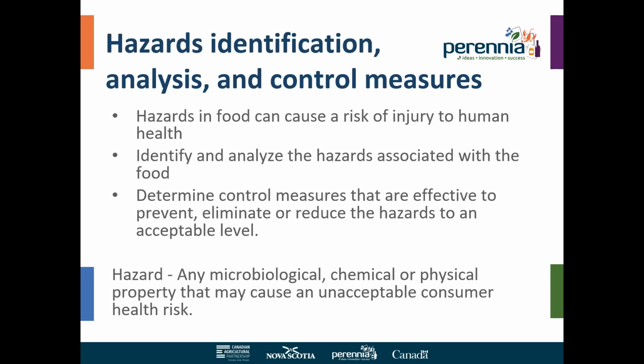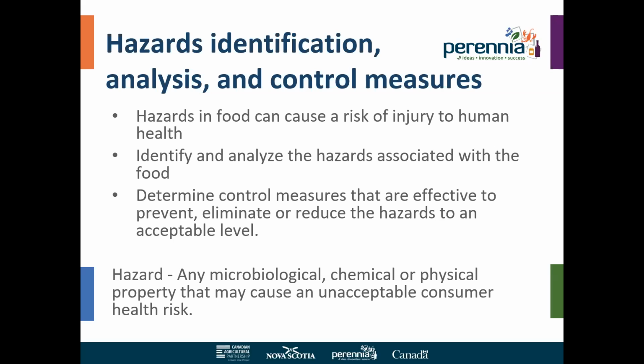So why do we need a preventive control plan? We need these to control hazards and mitigate risks. So when identifying hazards, you have the hazard identification, analysis, and then you have to come up with control measures. So the Safe Food for Canadians regulations tell us that we have to identify hazards in the food that can cause a risk of injury to human health.